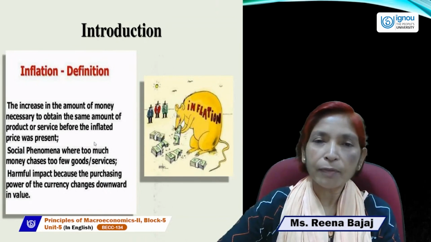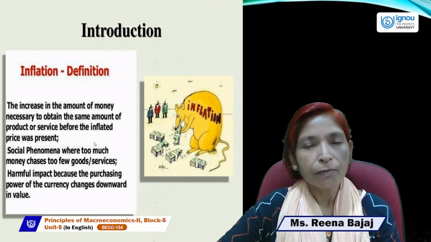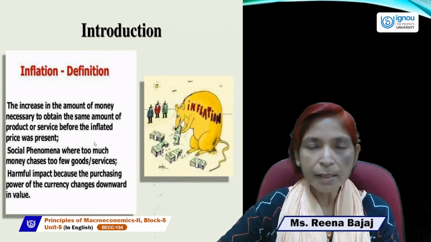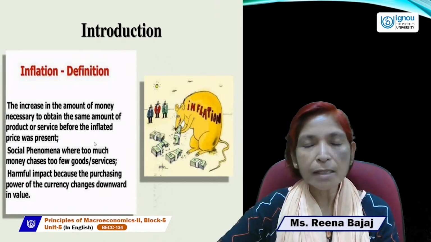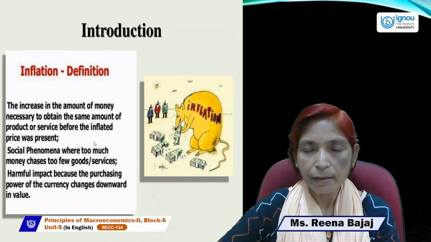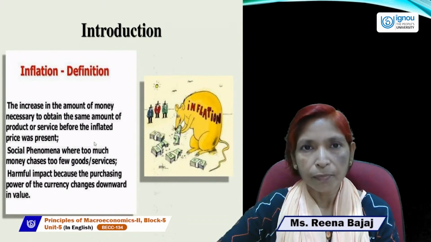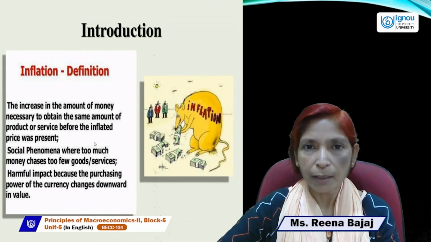According to Irving Fisher, inflation occurs when money supply increases. He said that whenever money supply rises, price level also rises by the same ratio and simultaneously. In other words, if money supply doubles, then price level will also double.